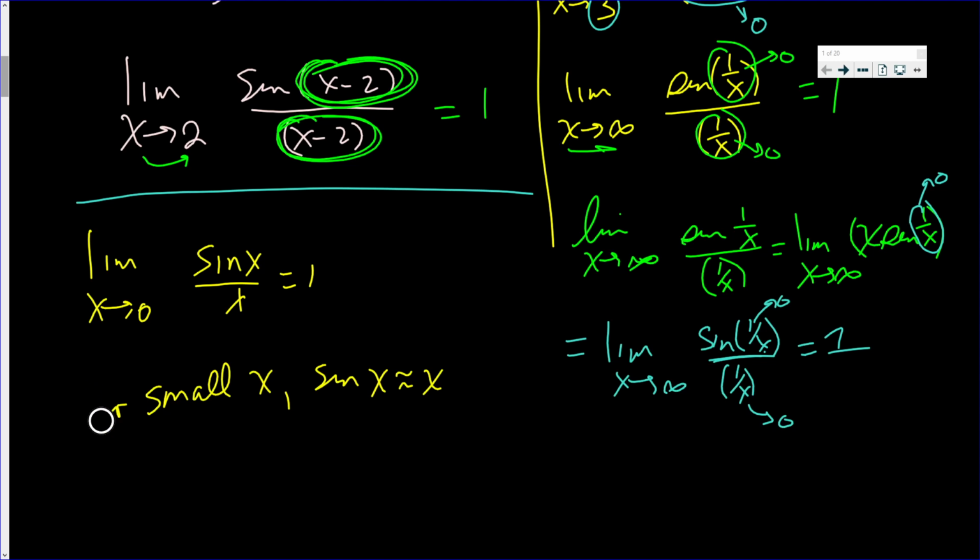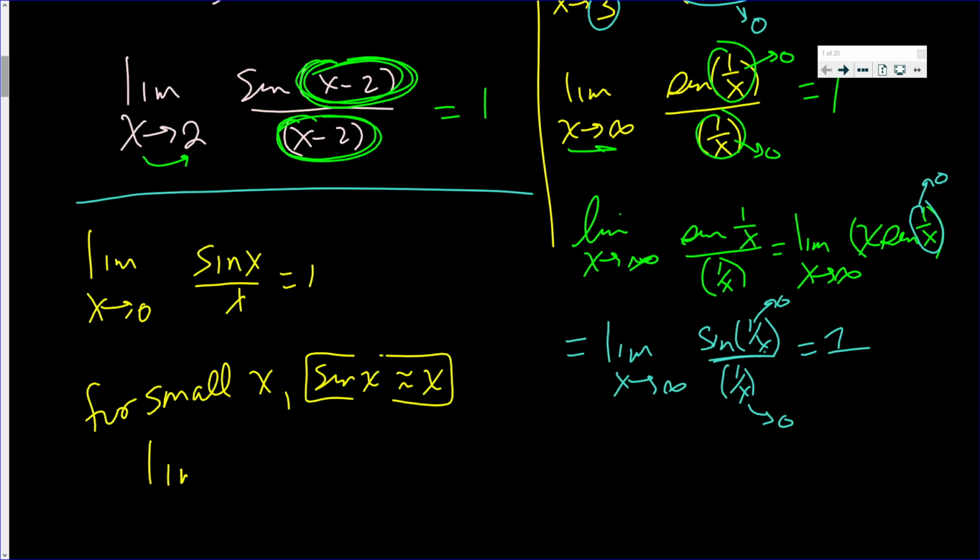How else is that fraction going to be 1? A fraction is 1 when the top and the bottom are equal. A limit of a quotient is 1 if the numerator is close to the denominator. Okay? So when x is small, the sine of x is approximately x.